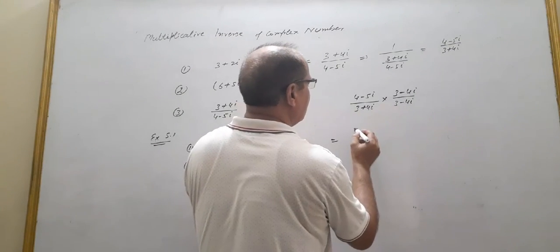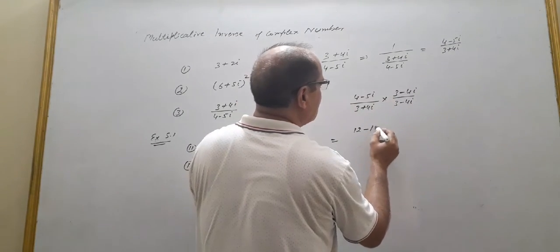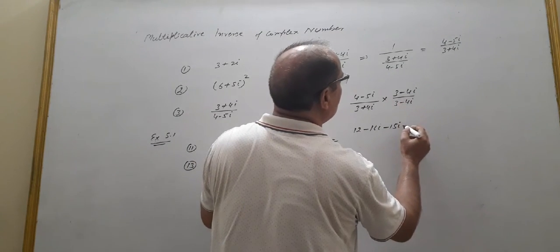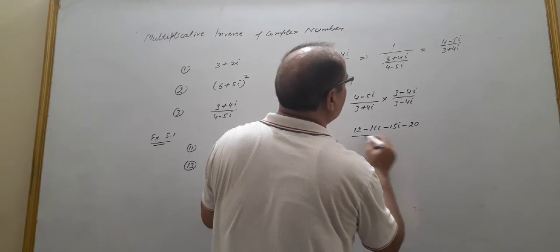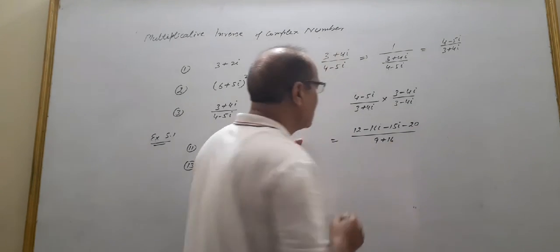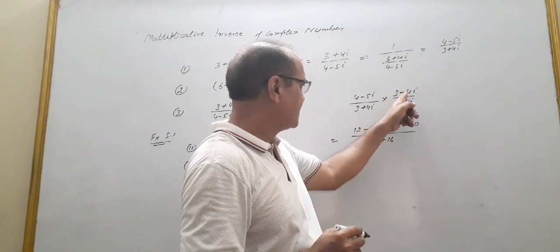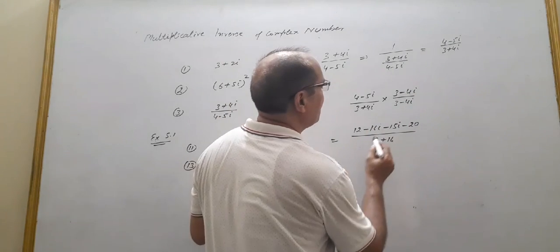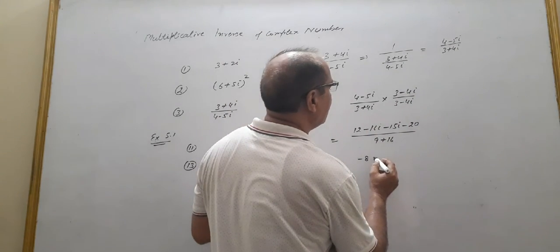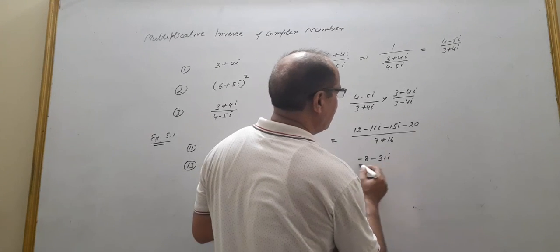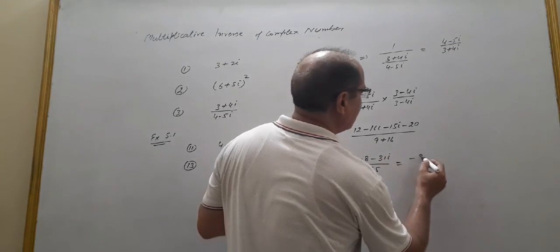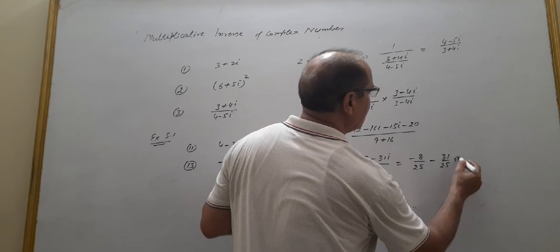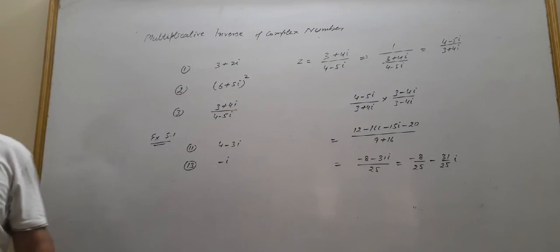Now, students, simplify this: that is 12 minus 16 iota and minus 15 iota, and minus plus, no doubt. Now this I will write minus. How? See, 9 plus 16, because minus plus, and 20 iota square is minus, so we have another minus. Therefore, on simplification, this gives you minus 8 minus 31 iota divided by 25, or in the proper form can be written as minus 8 by 25 minus 31 by 25 of iota. So this is the multiplicative inverse for question number 3.